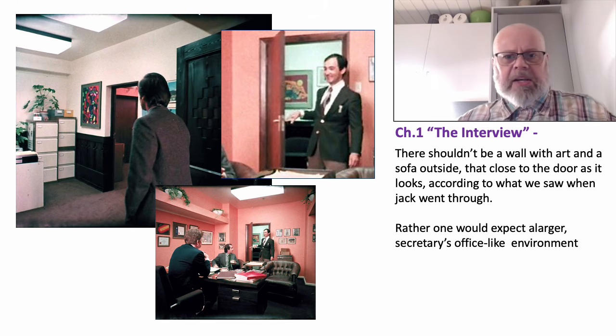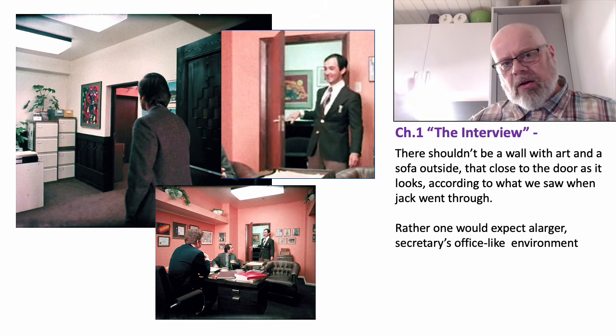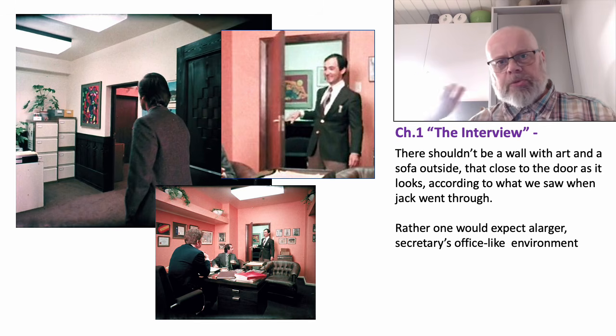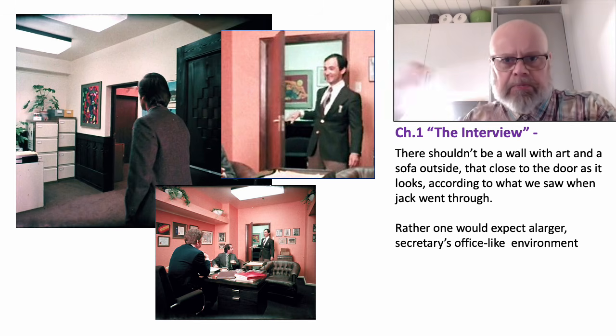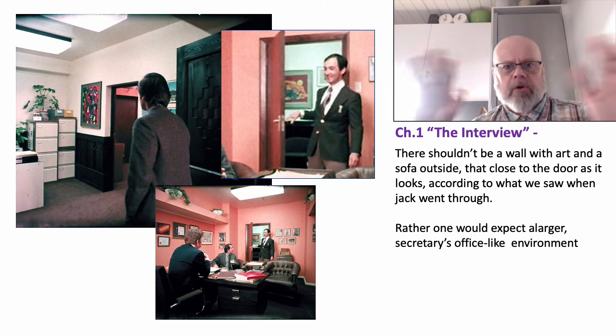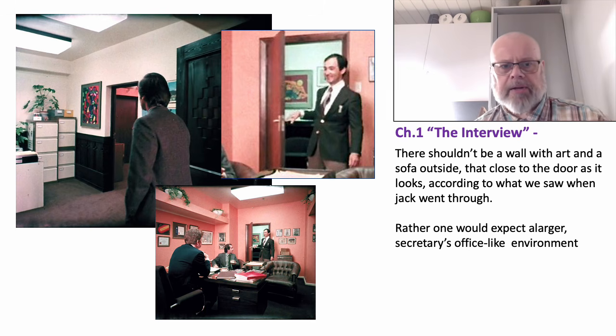There was more space, more room. It's like it's two different places. There's some spatial problem here. One would expect a larger secretary's office-like environment, where the phone is and the typewriter is and all that, right?